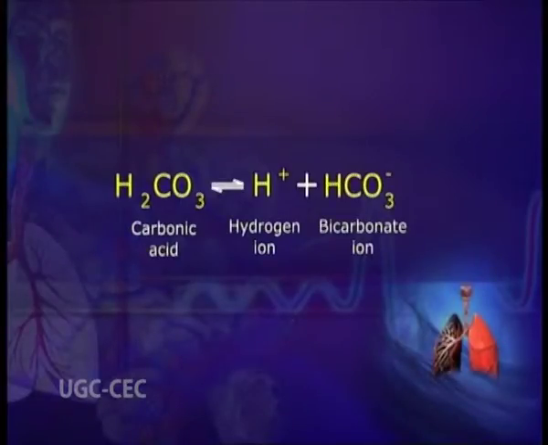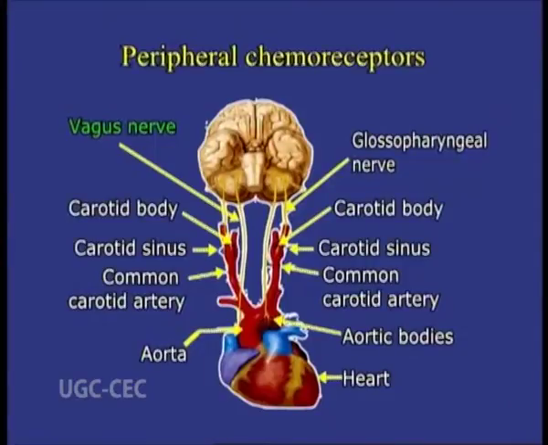Chemoreceptors monitoring CO2 levels are actually sensitive to the H+ level liberated by the dissociation of carbonic acid. The signals are transmitted from the aortic bodies by part of the vagus, that is the 10th nerve, while the right and left glossopharyngeal, that is the 9th nerves, are sensitive to the carotid bodies.